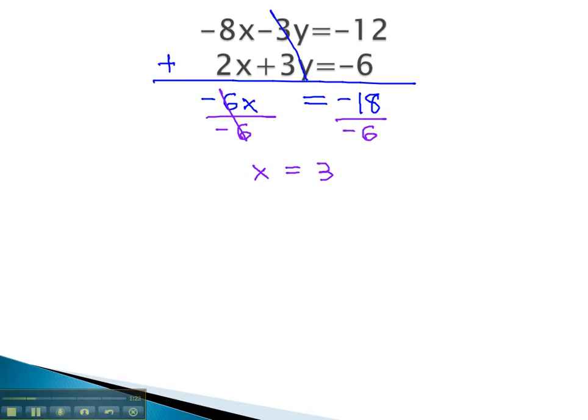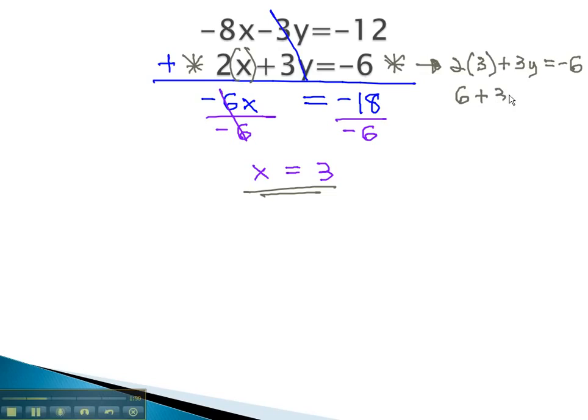We still must find y, and the way we will do that is go back to either original equation and replace the x with a 3. The second equation has smaller numbers, so it may be the easier one to use. When I replace that x with 3, we get 2x, or 2 times 3, plus 3y equals negative 6. 2 times 3 is 6, plus 3y equals negative 6.